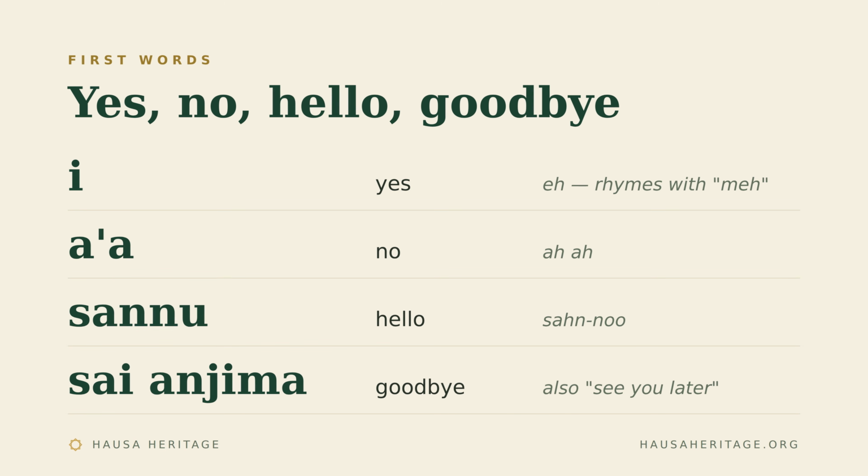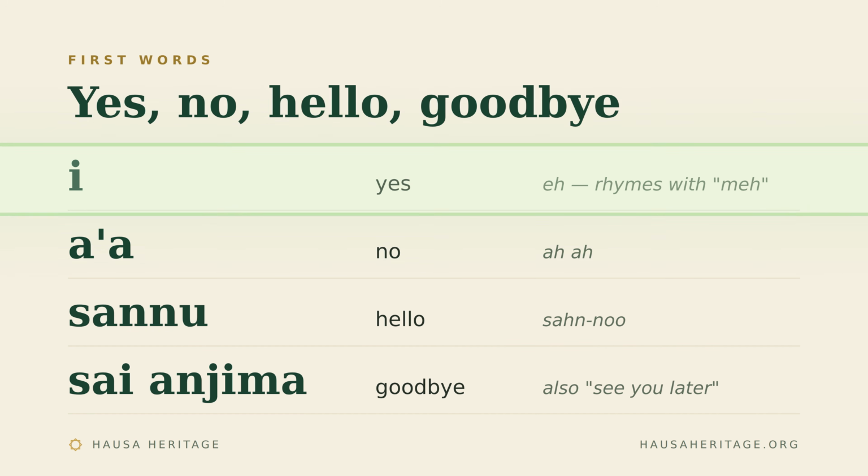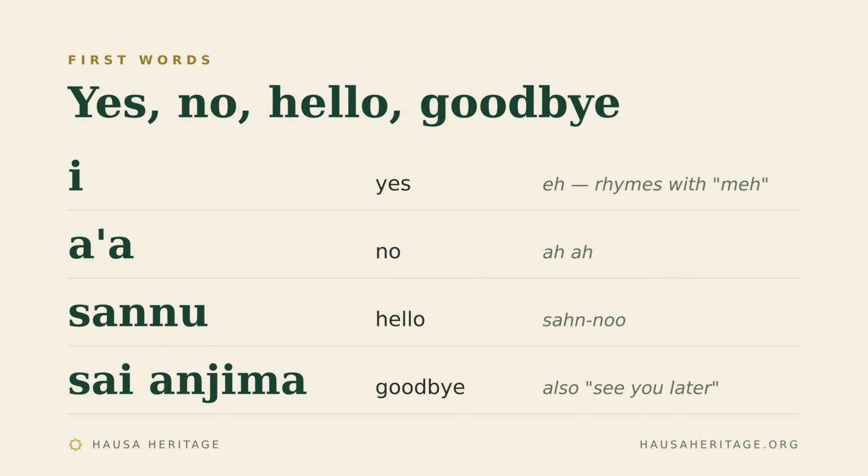Let's learn 4 very useful first words. The first word is i, which means yes. Say it with me. I. Sometimes you'll hear people say eh instead of i. It's all the same thing. It is just yes.